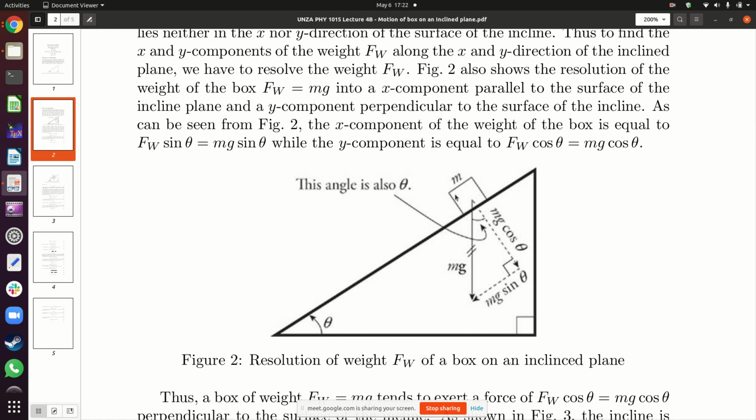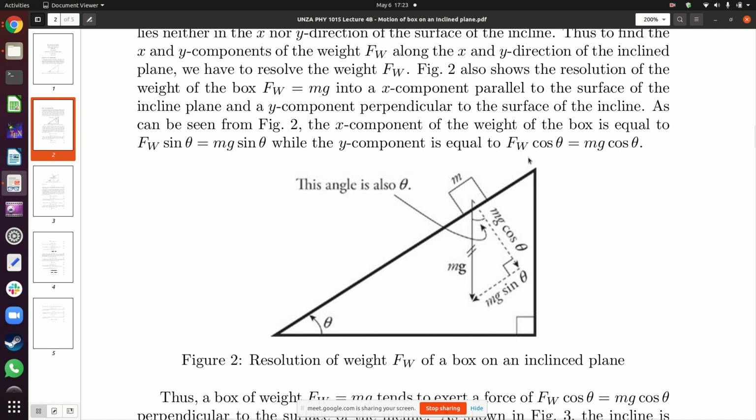Which direction will be the x-axis of this incline, which direction is going to be the y-axis? In our case here on this incline, we choose the direction parallel to the incline to be the horizontal direction, the x-axis.